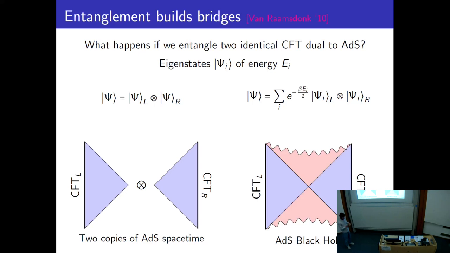Here we still have the two asymptotic AdS spacetimes with the CFT defined on their boundaries. The two CFTs are completely disconnected. But now the two asymptotically AdS spacetimes are connected by a spatial bridge, which is the interior of the black hole in red here. So to summarize the idea, by entangling degrees of freedom on two asymptotic boundaries, we can create some geometry in the bulk.